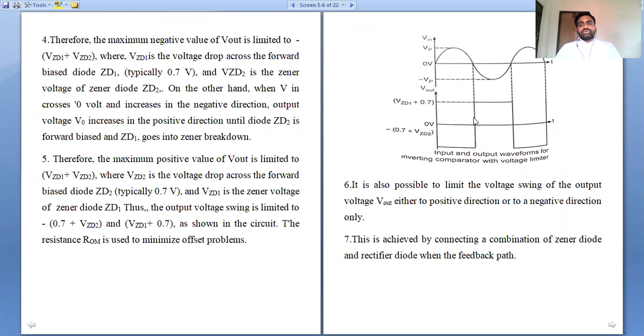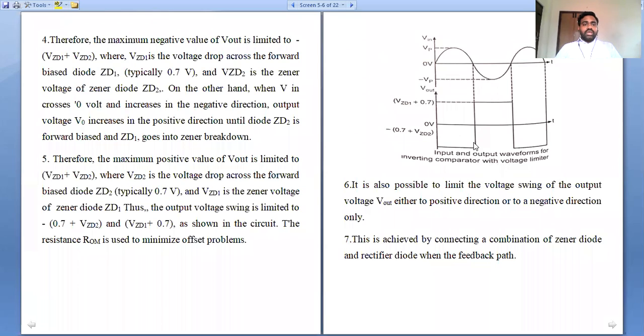So the voltage drop across Zener diode 1 is forward biased with respect to ZD1. Previously at this condition we forward biased Zener diode 1, and typically 0.7 volts drops across Zener diode 1 while Zener diode 2 is in breakdown.